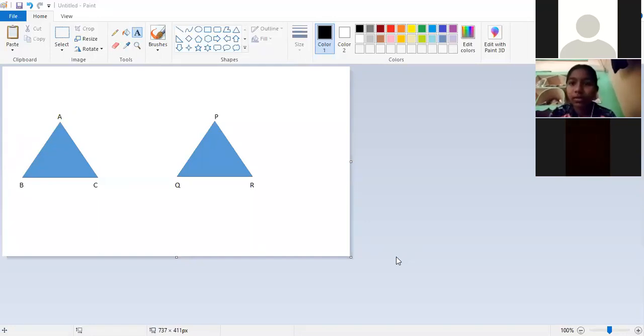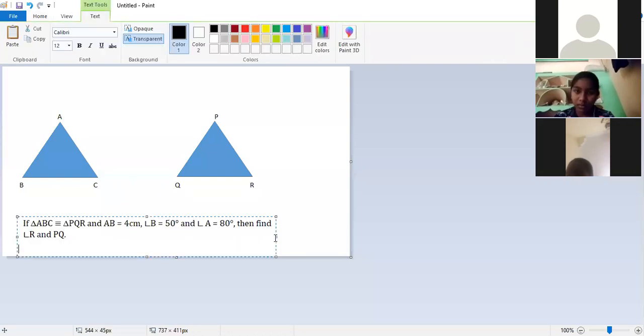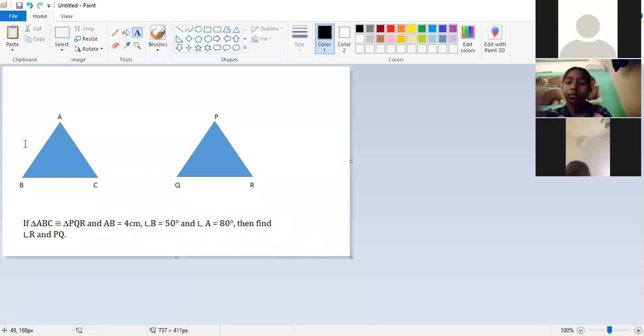Right. Now there are two triangles, triangle ABC and triangle PQR. Both are congruent. He has given the AB length is 4 centimeter.